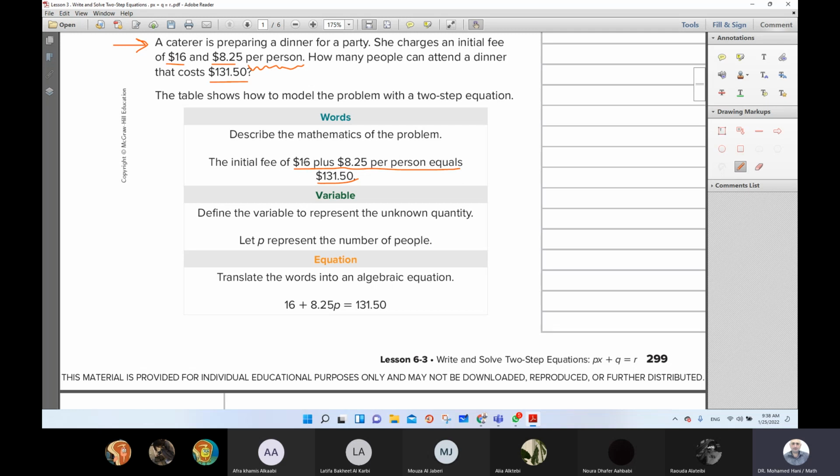We have 16 plus 8.25 per person, and per person is represented by B, so put times B, equals 131.50. So this is the equation.